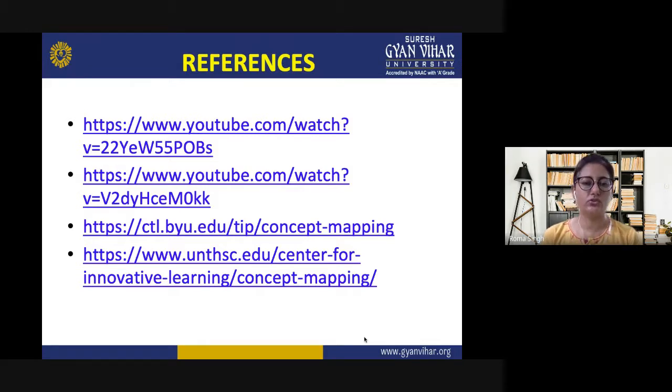You can go through various international and national links. Various universities and educational centers have been working properly on concept mapping, and concept mapping can be used in different subjects, in all subjects. It depends on teachers how they utilize these teaching learning strategies in their teaching learning process.